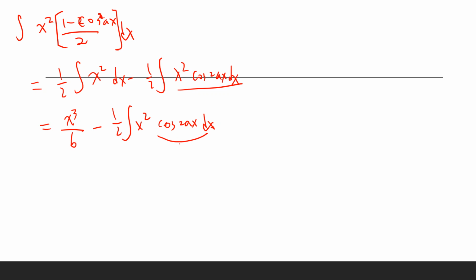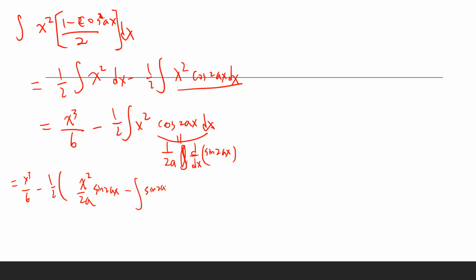And we can use integration by parts. So this is 1 over 2a d dx sine 2ax. So this is x squared over 2a sine 2ax minus sine 2ax times 2x, so 2x sine 2ax dx.